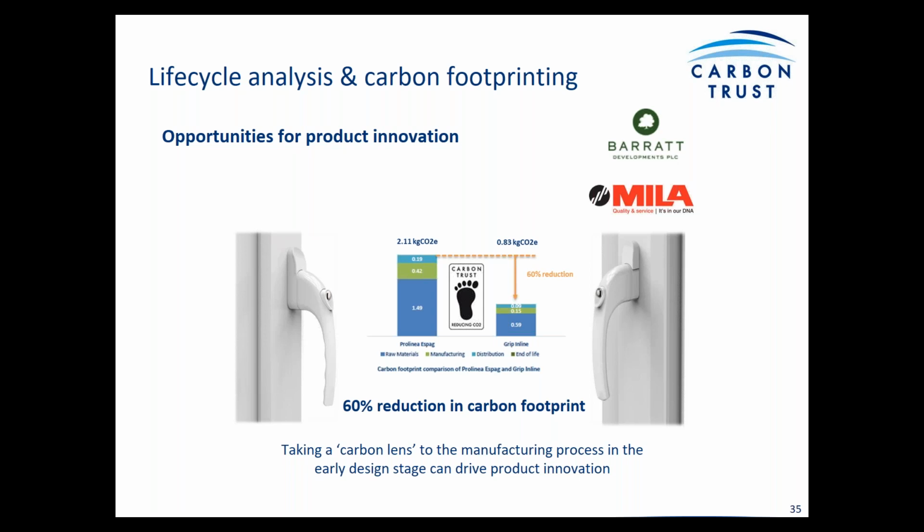They analyzed the different options, and they identified with our help that this new process would result in a 60% reduction of the carbon footprint by reducing the energy consumption during manufacturing and also the shipping weight, and therefore the transportation emissions. And this had no impact on the quality of the product, so it was a very successful innovation.